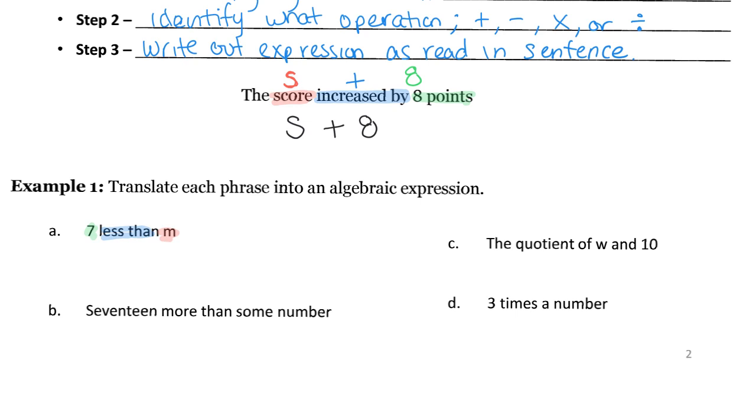In this case, 7 less than m, less than we know is subtraction, but I want to take away 7 from m. So it's actually read a little backwards. It's m minus 7 because it's 7 less than m. So we're subtracting that 7 from the m.